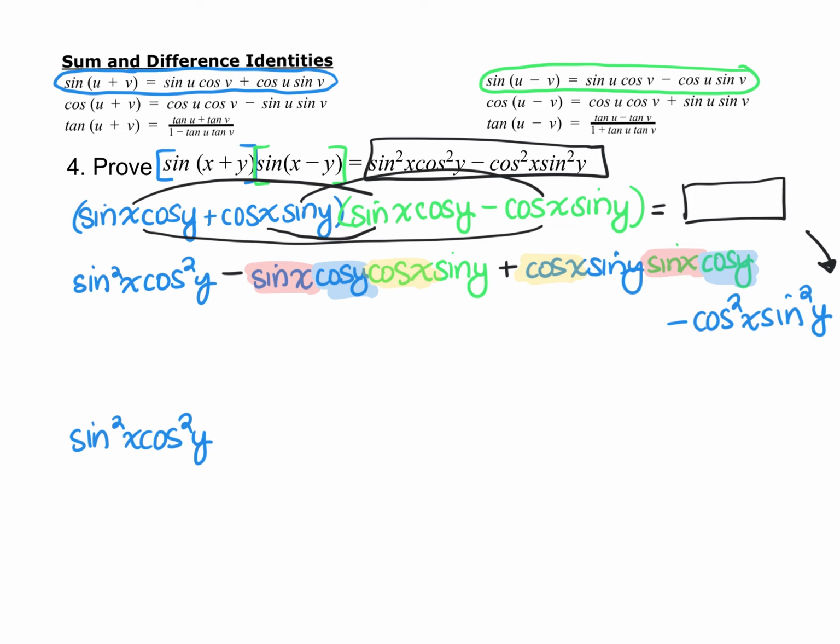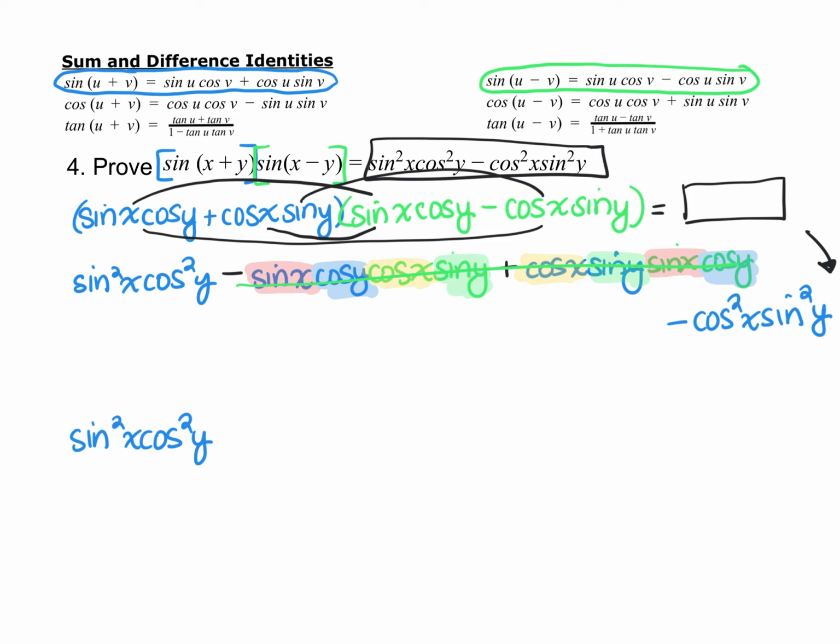What color have I not used? Green. Sine of y and sine of y. So I'm multiplying the same four things together. Remember, it does not matter what order I multiply them in. I'm going to get the same thing. And here, I'm subtracting that thing, and here I'm adding that thing. So this entire part of my expression just ends up being 0. All right, that's great. This is 0.